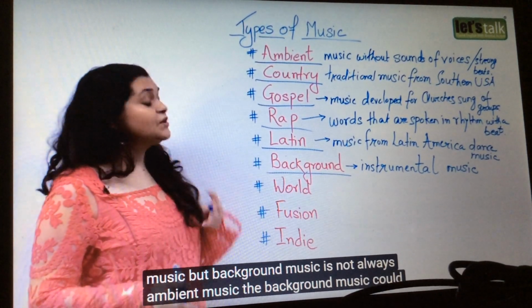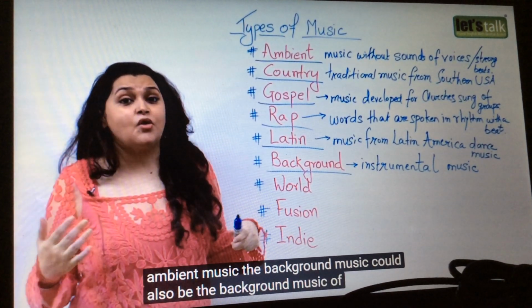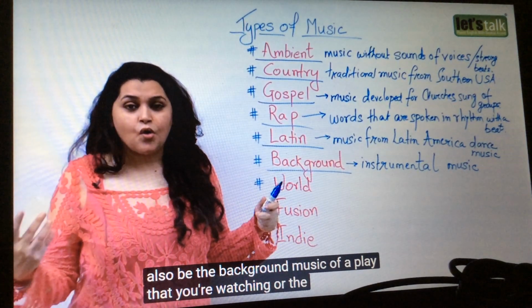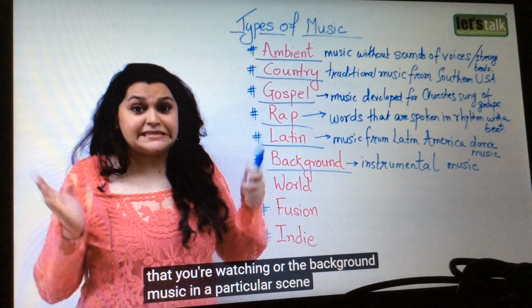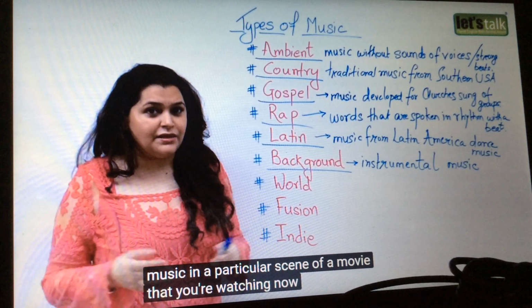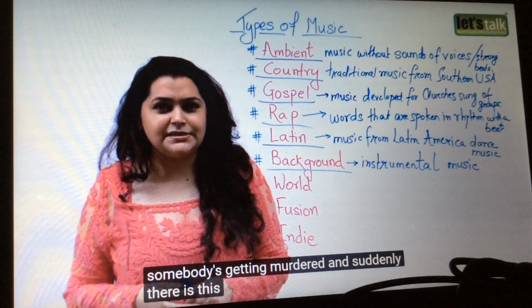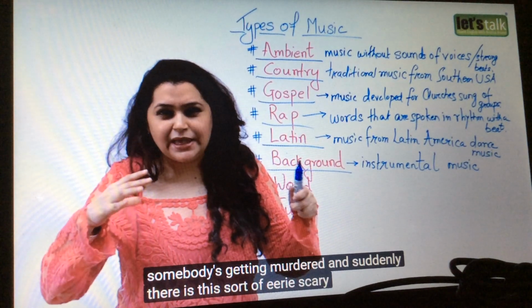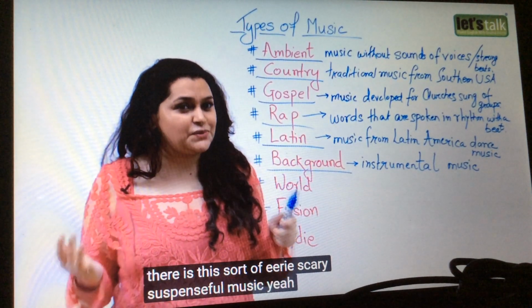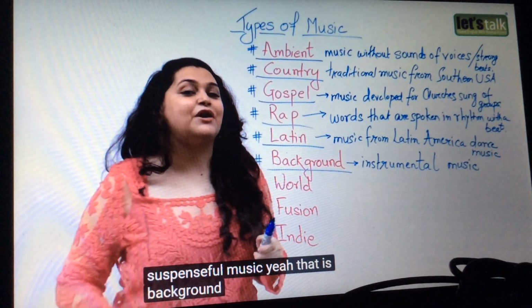So background music could also be the background music of a play that you're watching, or the background music in a particular scene of a movie that you're watching. Now imagine somebody is getting murdered and suddenly there is this sort of eerie, scary, suspense-filled music. Yeah, that is background music for you.